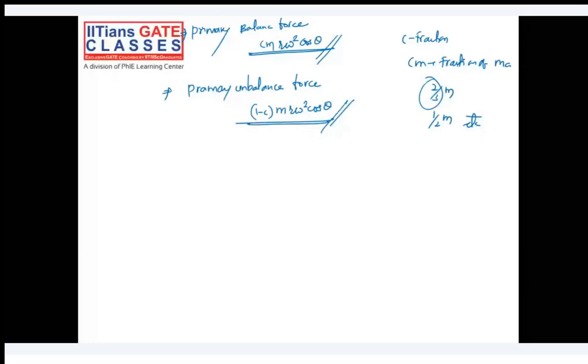And as I said, whenever you add some counter mass, it will generate a vertical motion. How much vertical force will it generate now? c m r omega square sine theta, correct?